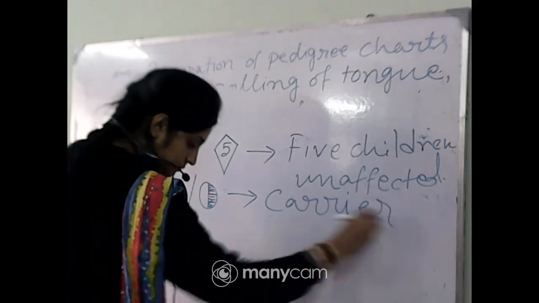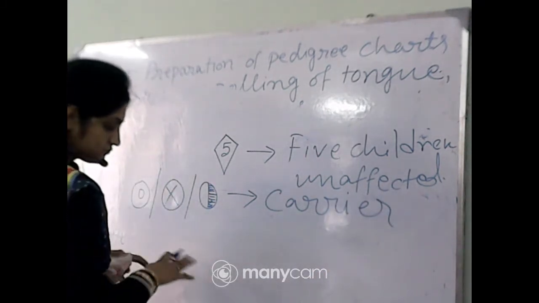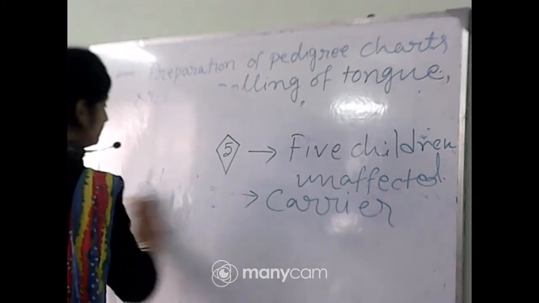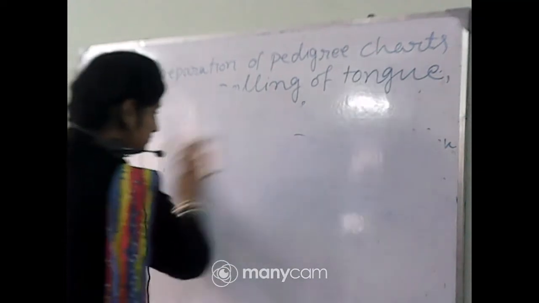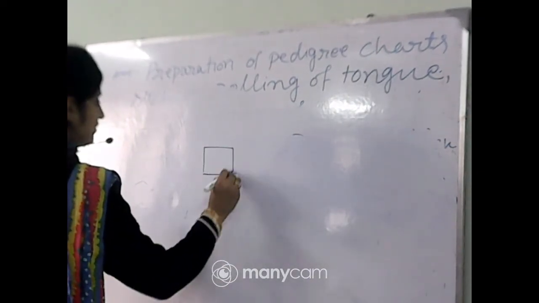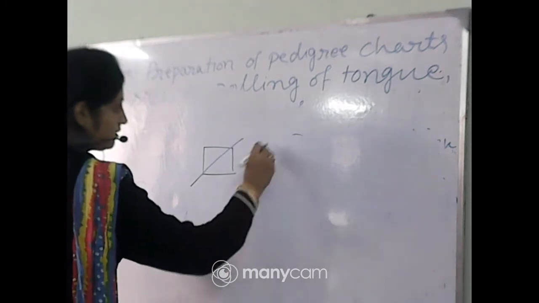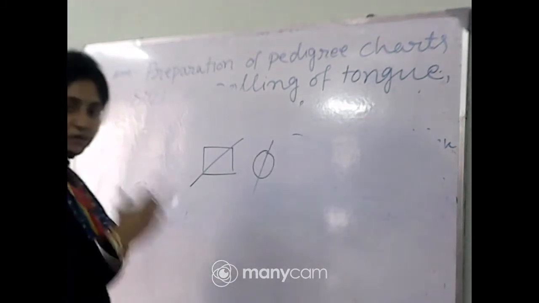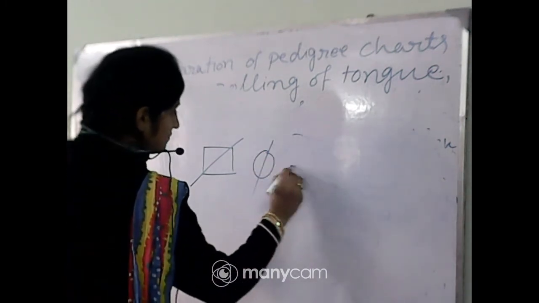That is a carrier. And if this type of structure has one line across the corner, that means they have died. After that there is no generation. That is deceased.